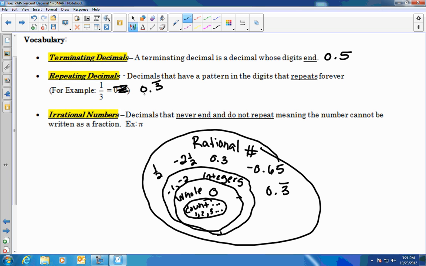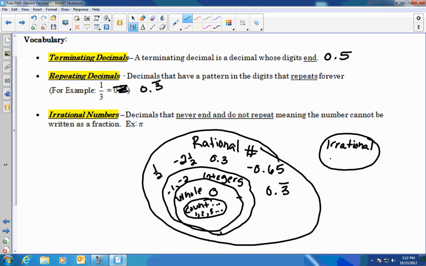That's a repeating decimal. Because repeating decimals can be written as a fraction, and because terminating decimals can be written as a fraction, that's why they're included in the rational numbers. There is another set of numbers that we'll deal with a little bit later on this year called the irrational numbers. And those are numbers that do not end and that do not repeat.